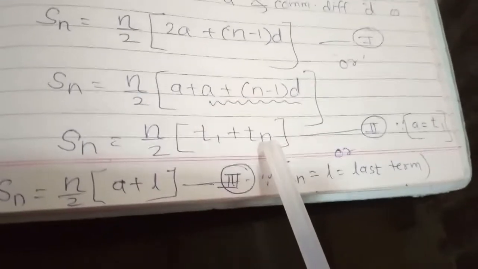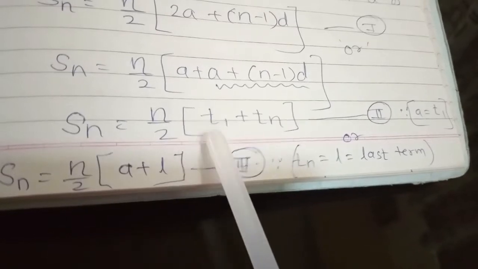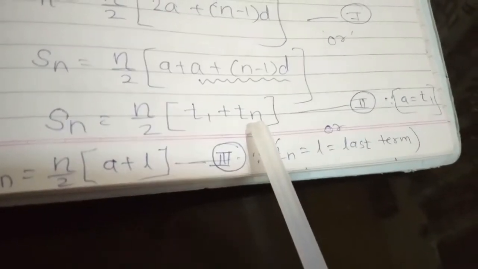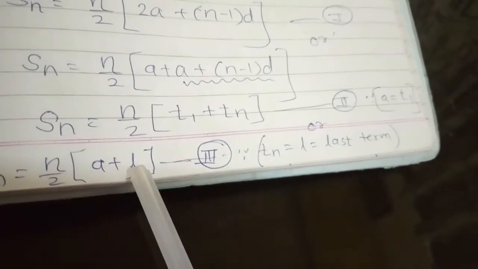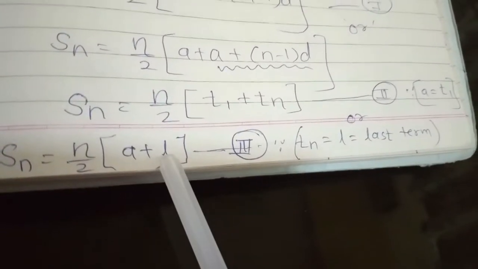Again we can write this formula in a different way, that is Sn = n/2. Here T1 is the first term, we can denote it by a, and Tn is the last term, so we can write it as l. So l is the last term. This formula is also written as Sn = n/2 (a + l).